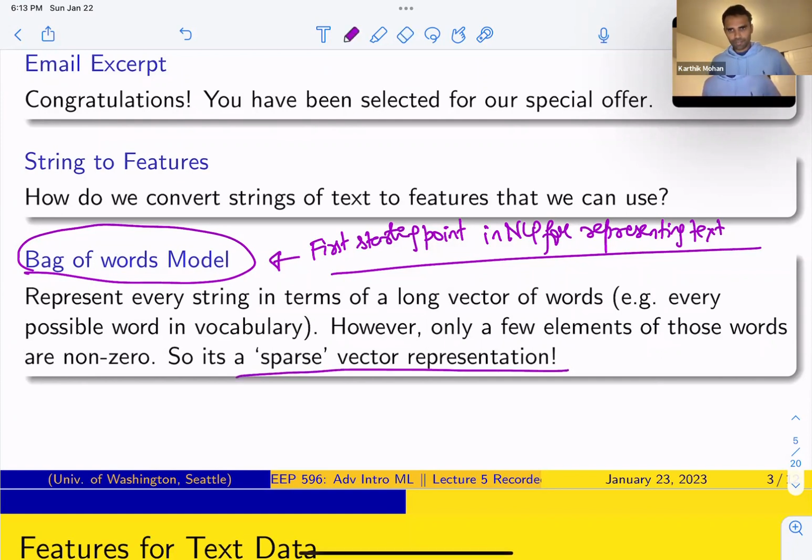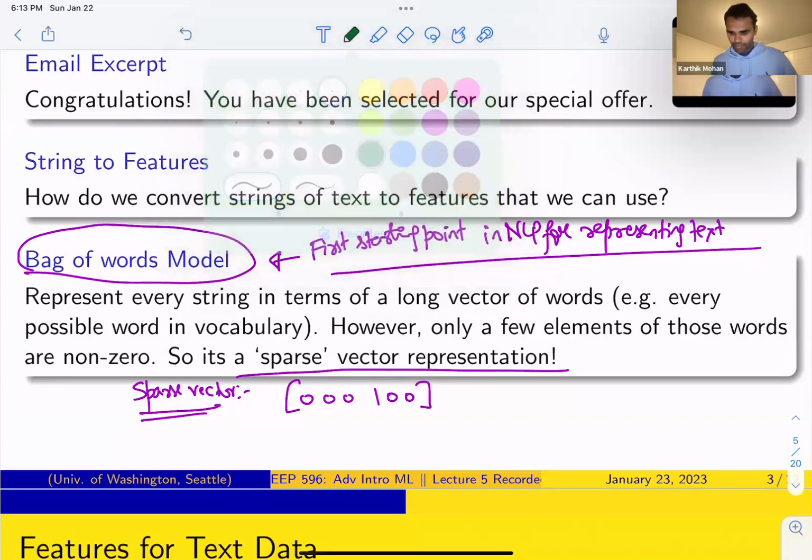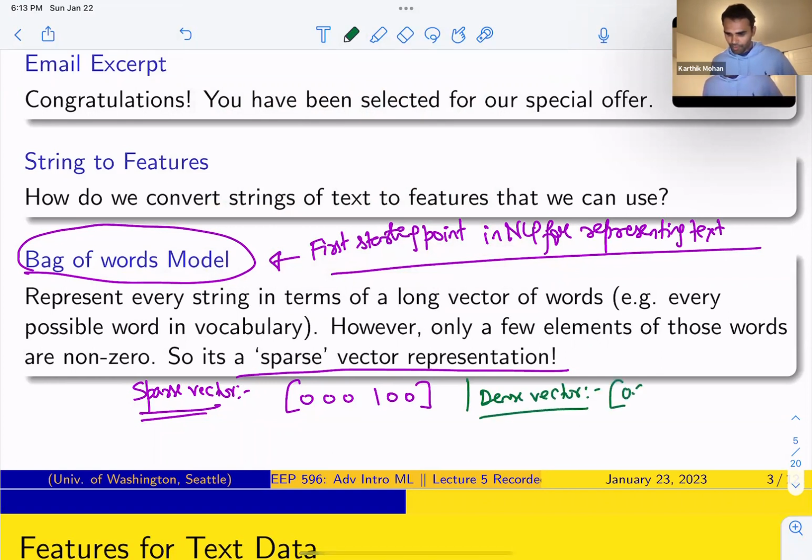So what's a sparse vector? So here's a sparse vector, 0, 0, 0, 1, 0, 0. So this is a sparse vector. And this is in comparison to a dense vector. So a dense vector of the same dimension would look like 0.4, negative 0.5, 1, 2.3, negative 4.7, and maybe let's say 8.